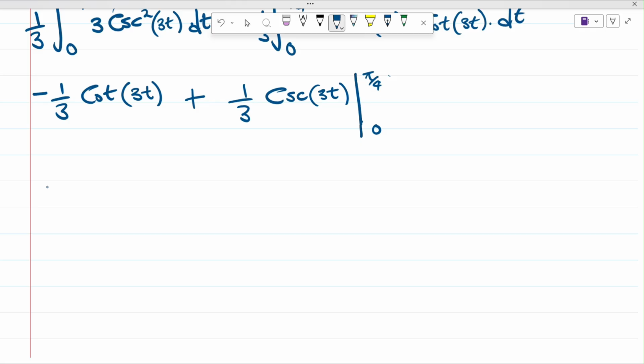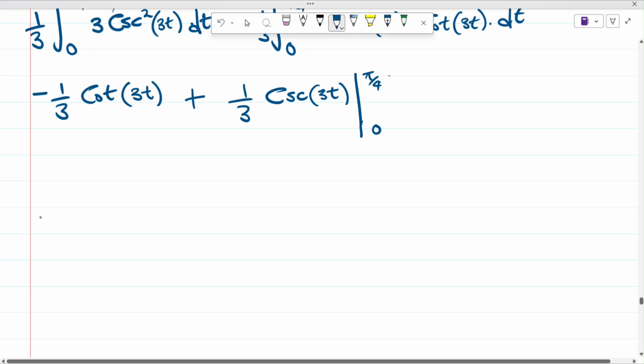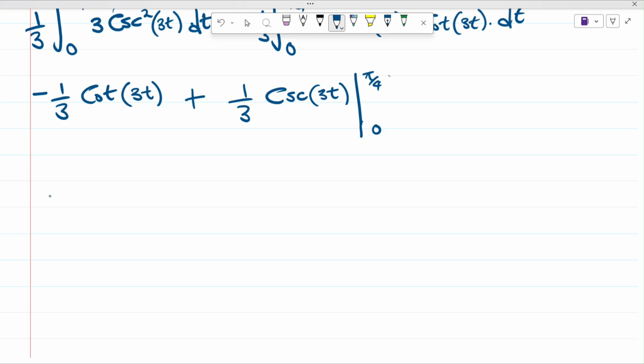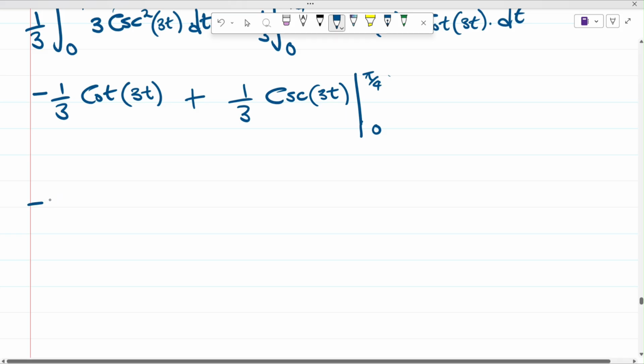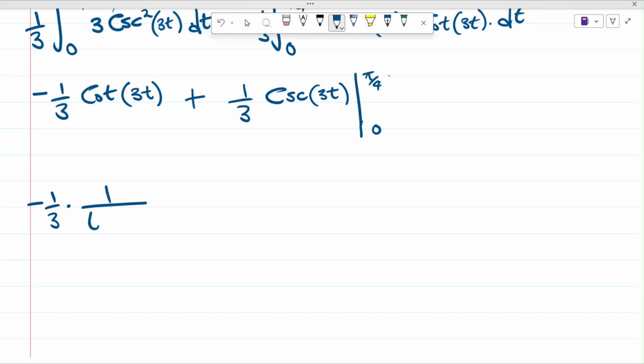So let me rewrite this first. So let's substitute. Because we can't put cot in the calculator, we can just convert cot into tan, right? So it's going to be 1 over tan. So this is going to be minus 1 over 3 multiplied by 1 over tan of 3t.